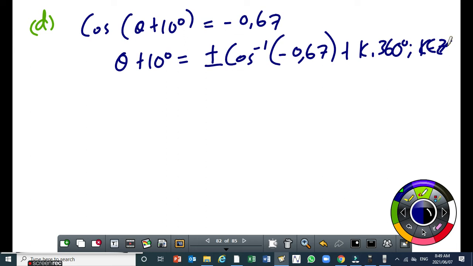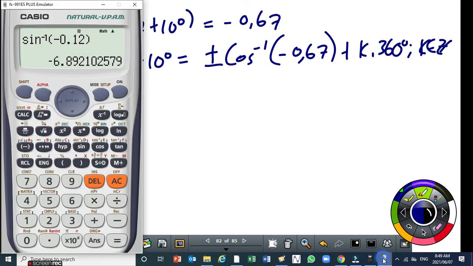So here, we want to find the reference angle. That's why I put the plus or minus, and I'll explain why. This one is slightly more complex because we have got this plus 10 degrees. So we still need to get our reference angle. I'll bring in the calculator, shift cos of minus 0.67.